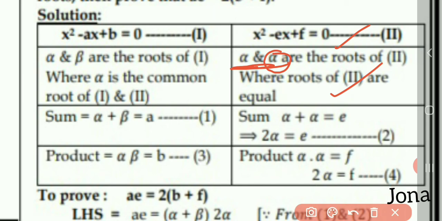Sum of the roots is alpha plus alpha, which is 2 alpha, equal to E. Then product is alpha into alpha, which is alpha square, equal to F. Earlier I wrote this wrong, so just write alpha square.